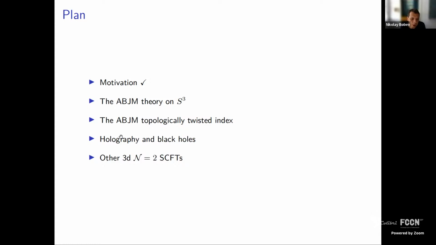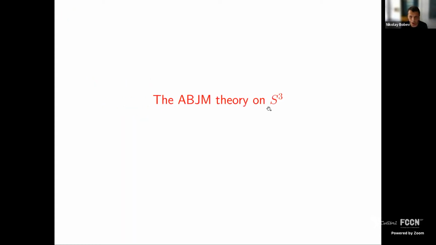And then I will speak about how these QFT results find implications in holography and black hole physics. And finally, I will mention other examples that are beyond this ABJM theory. Okay. If there are no questions, I will move on to ABJM on S3.